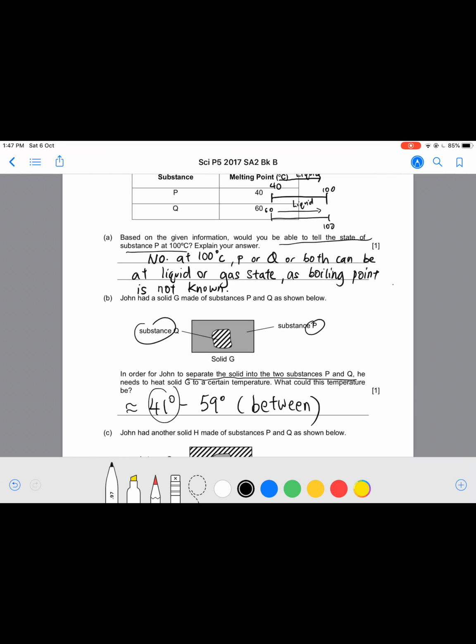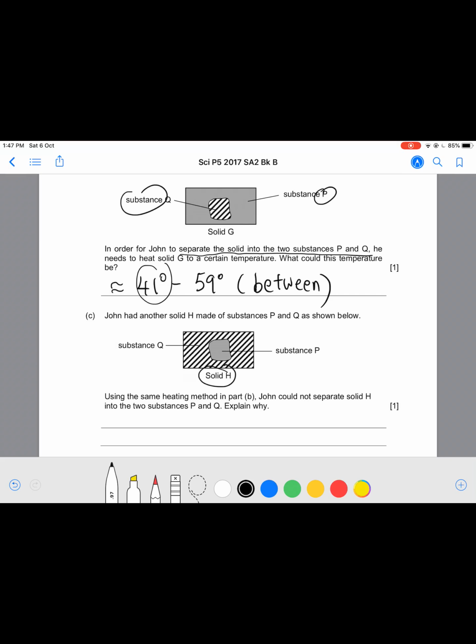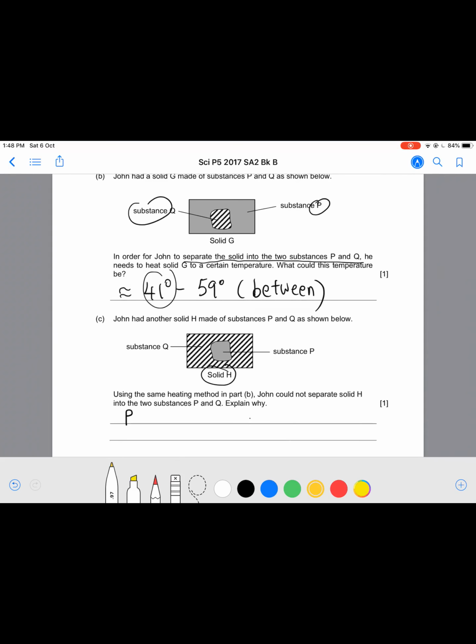So using the same heating method in part B, John could not separate H into the 2 substances P and Q. And what is the reason why? Alright, now there's only one reason, because the states of matter have not changed yet. So P and Q is already melted. Alright, if you would want to use the melting point as a way to separate things, P will have melted already.